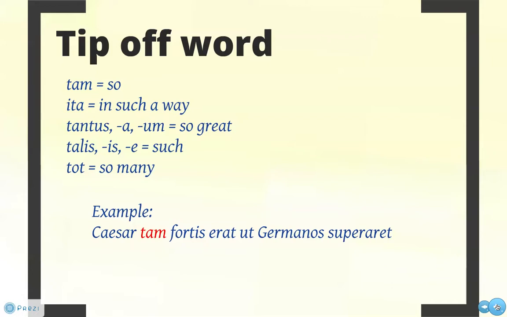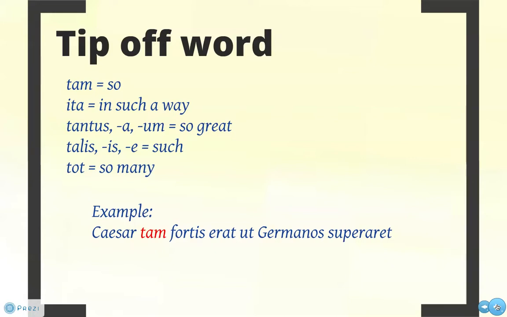That means tam so, ita in such a way, and tot so many. Or the adjectives tantus and talis. That means so great or such. So that's these tip of words. You see that most of these tip of words start with a T, with the exception of ita, but that's one of the characters, pretty short words that introduce the main verb.